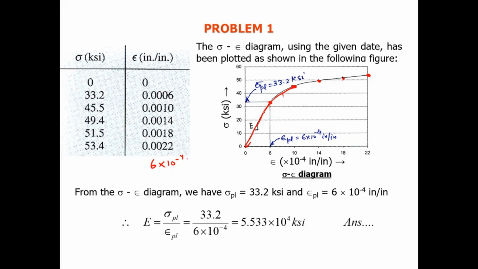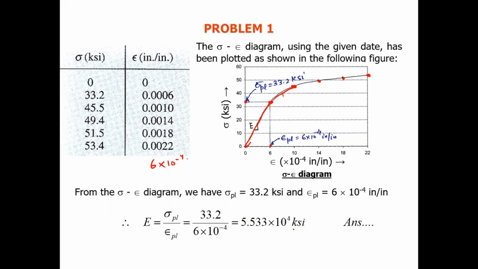So this is the zone of the proportional limit or linear behavior. That point has the maximum linear stress and this is the strain. Divide that stress by strain and you get the modulus of elasticity.